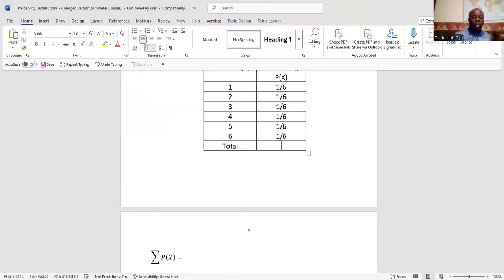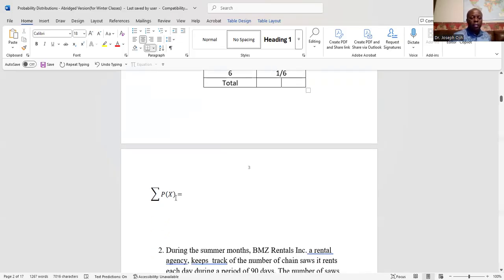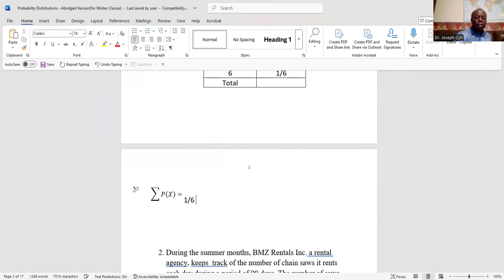So sum of P(x) is 1/6 plus 1/6 plus 1/6 plus 1/6 plus 1/6.